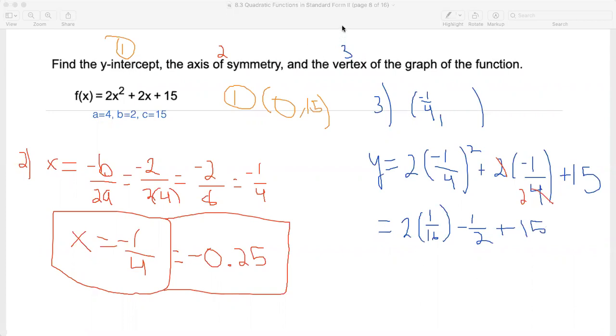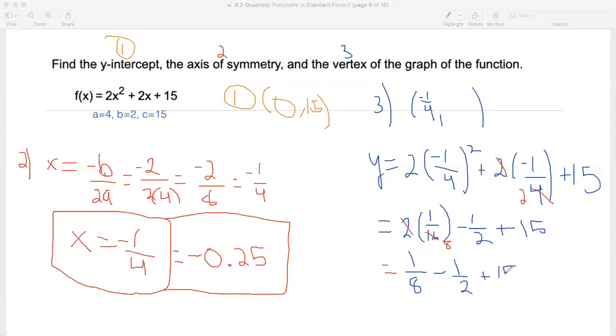Okay, let's go ahead and clean up this guy here. 2 and 16, let's go ahead and make this an 8. So then this would give us 1/8 minus 1/2 plus 15.